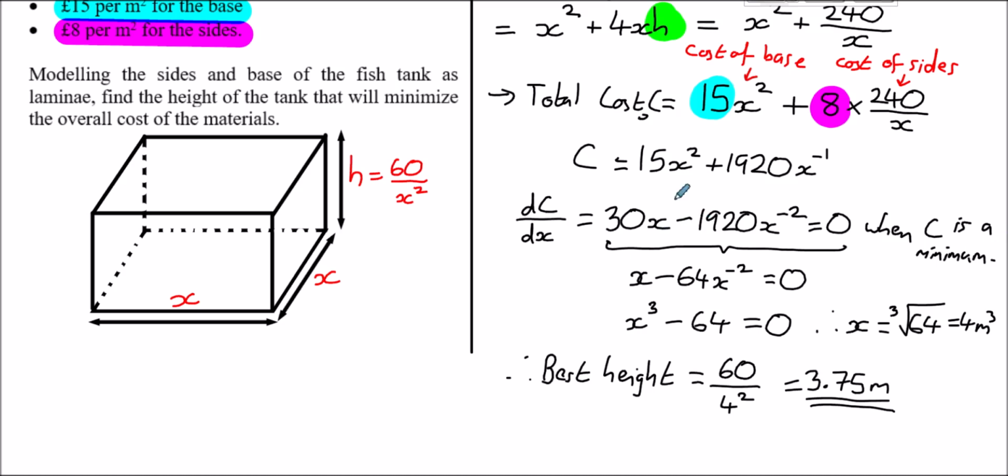What we could do here is to take the second derivative, d squared c over dx squared, and show that it is positive. That would prove that it's going to be a minimum. But for now, if you'd like, you can just trust me that it is.